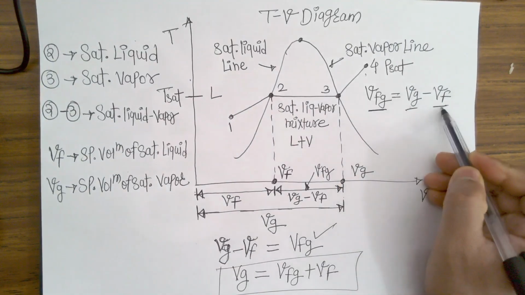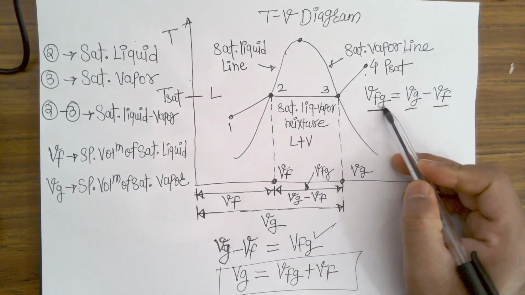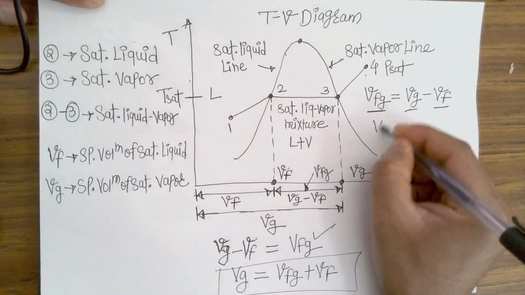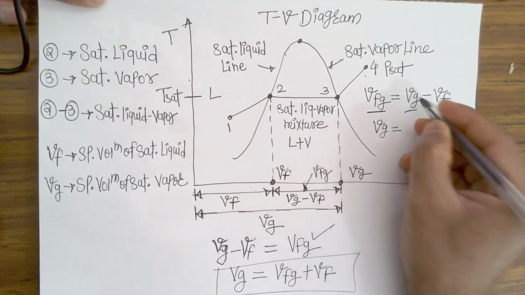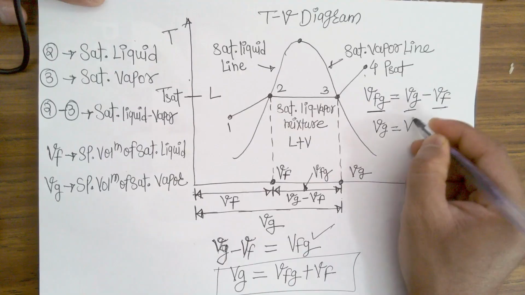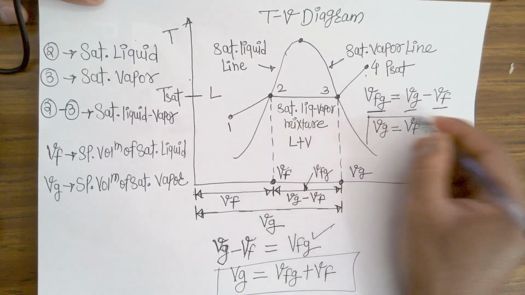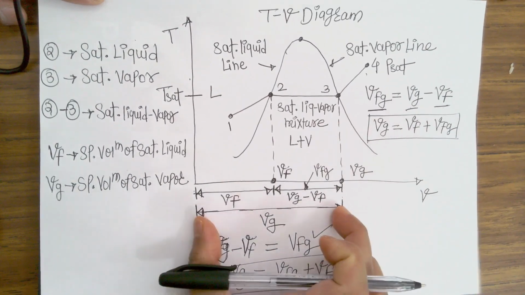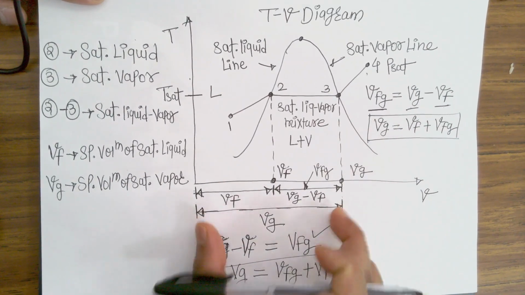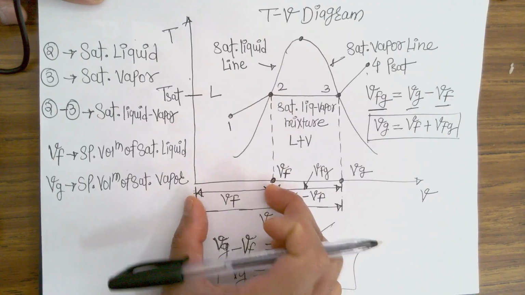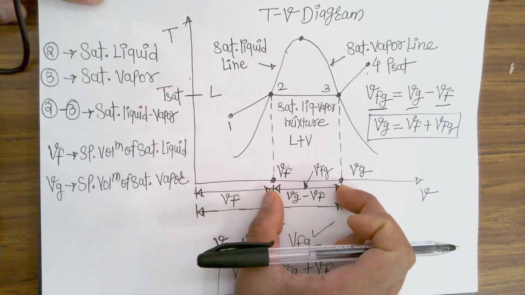So vg minus vf is vfg. I can also write vg is equal to vf plus vfg. So this vg is equal to this vf plus this vfg.